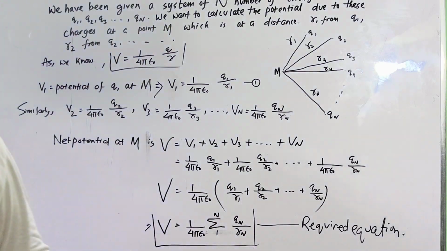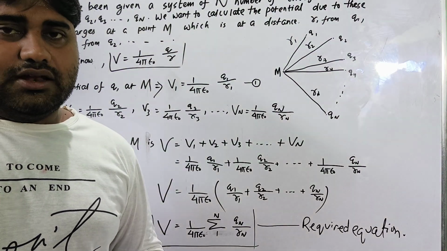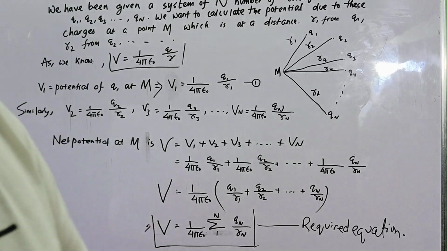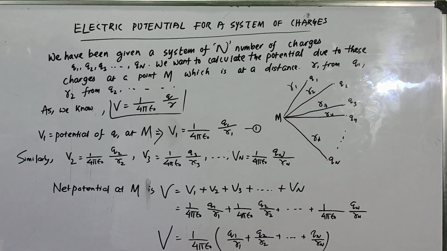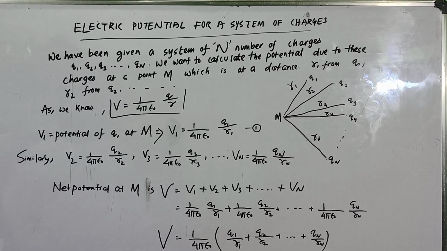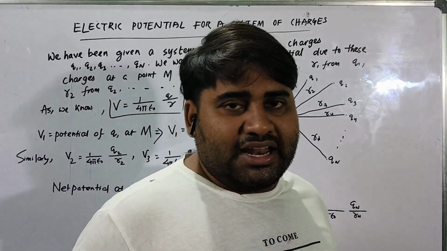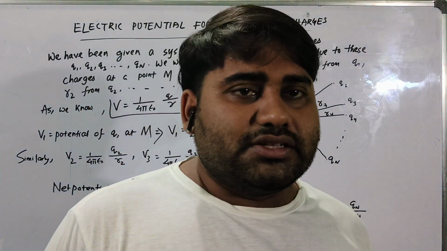But we are more interested in finding the electric potential of a continuous charge system. So in the next few minutes, we shall derive the electric potential for a continuous system of charge.